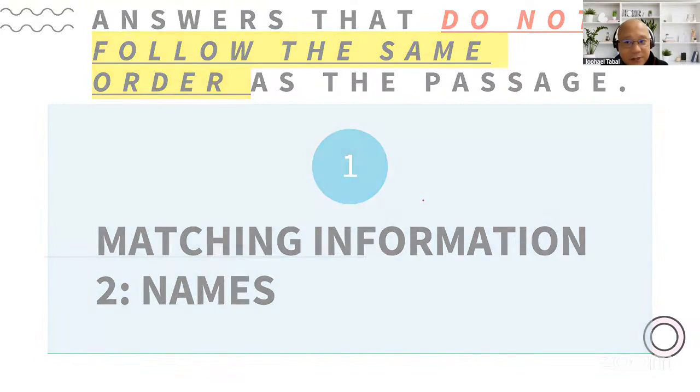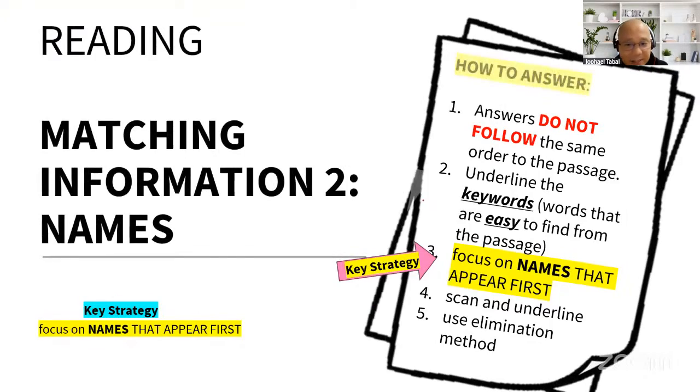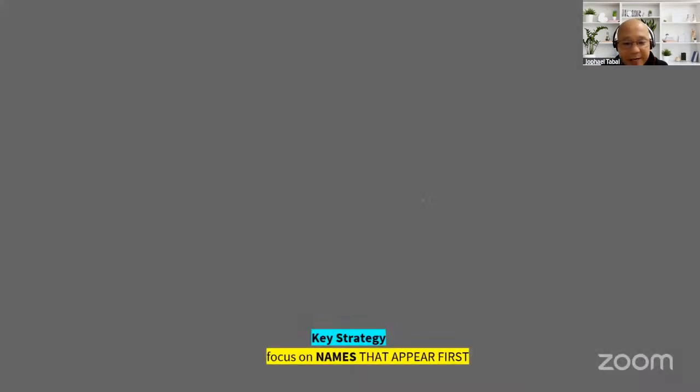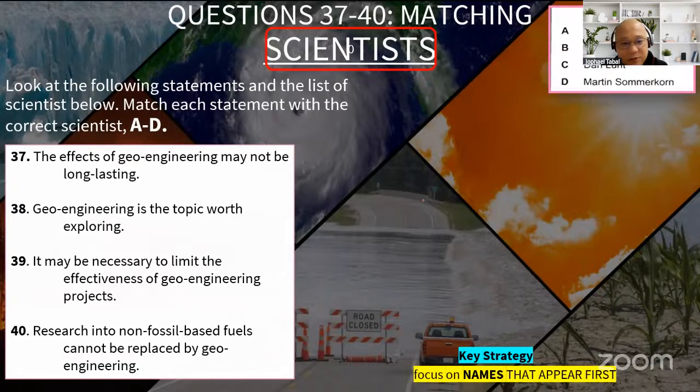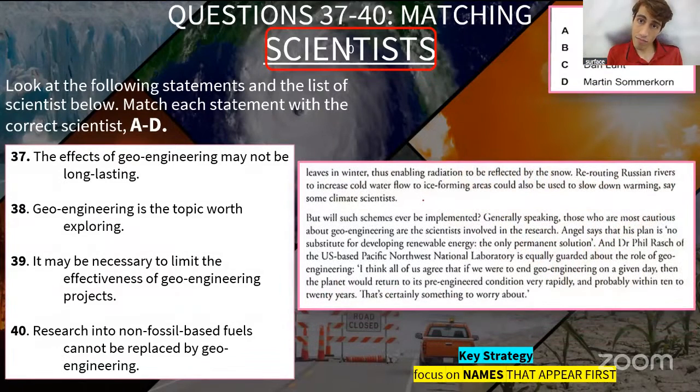And as you've mentioned earlier, matching names is the easiest, exactly. Because first you have to find the names that appear first. That is why this type of question is much easier, as you mentioned. It is much easier, but it's not that easy because sometimes the words are repeated. The names that are repeated the least are answered first.